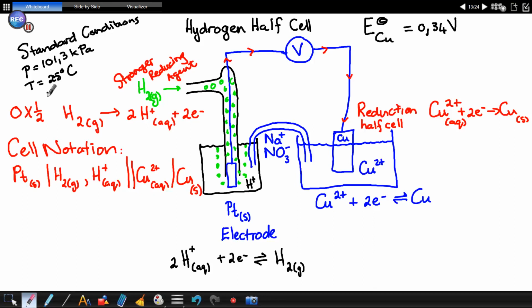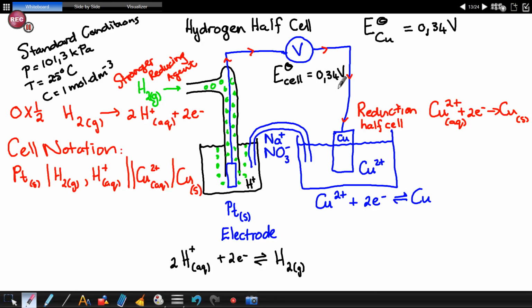And the concentration of the electrolytes must be 1 mole per cubic decimeter. That's the condition that you can measure the cell potential. What is the cell potential measurement, do you think? A voltmeter won't measure it as negative, it will measure it as 0.34 volts.